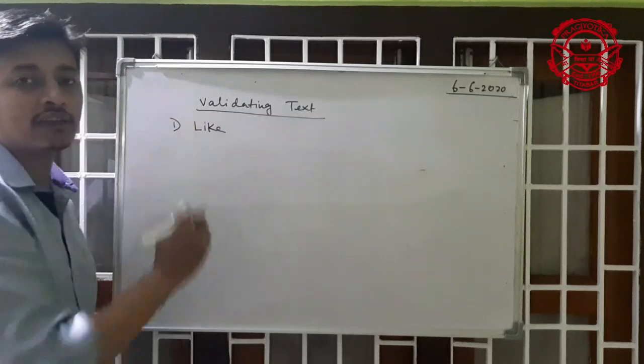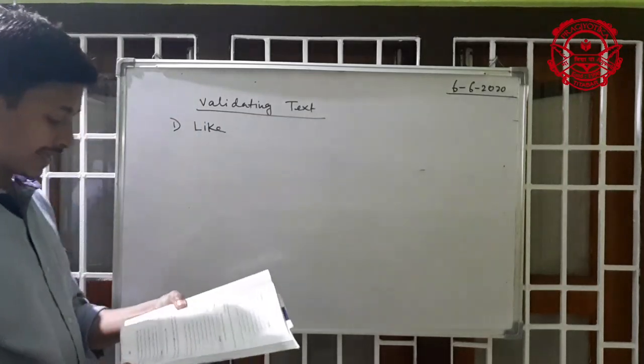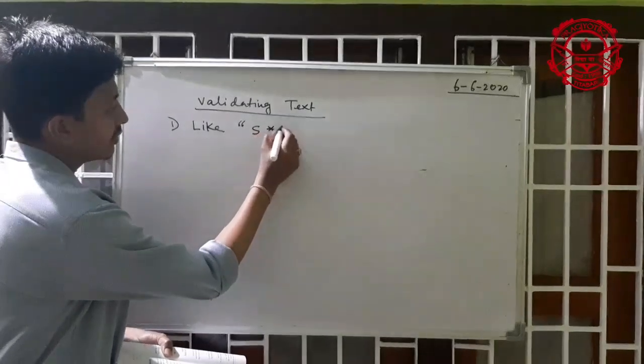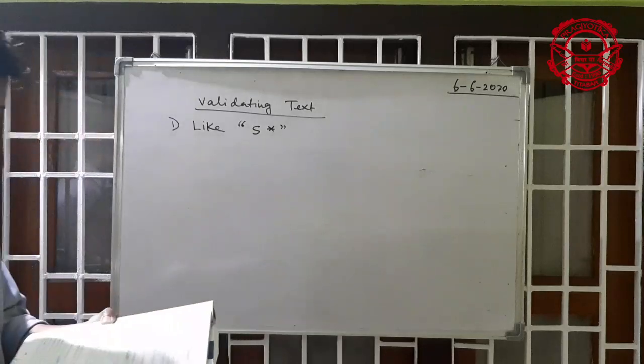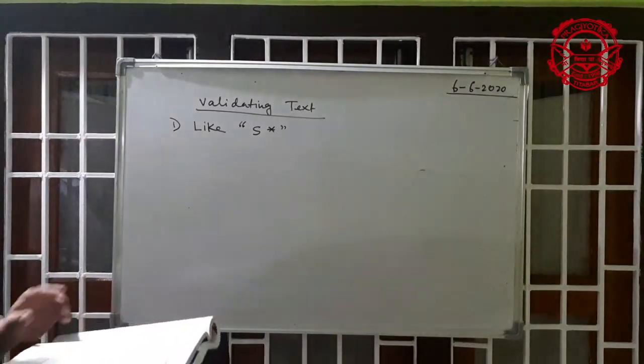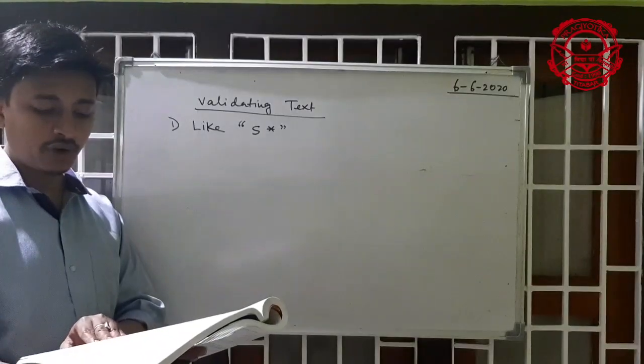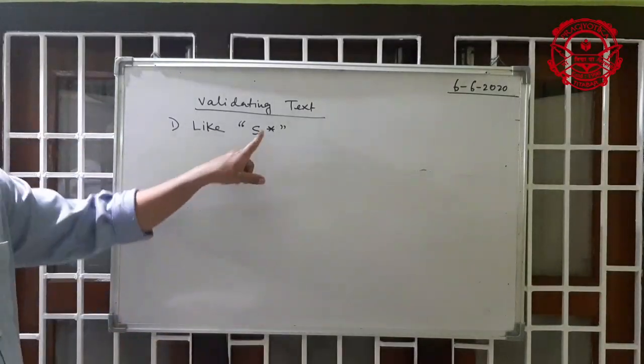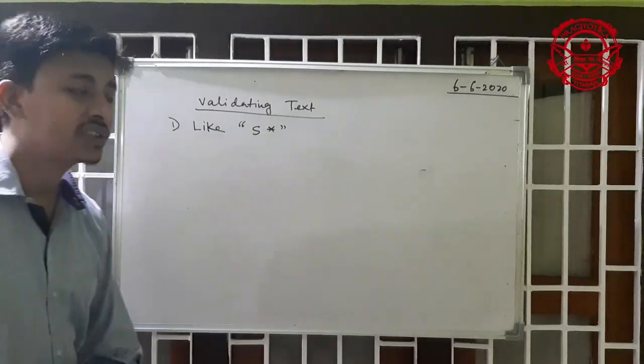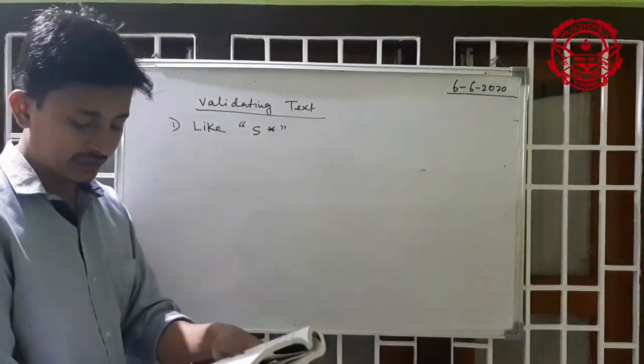Like, double quote, S, asterisk, or you can say star. The star represents 0 or more characters.